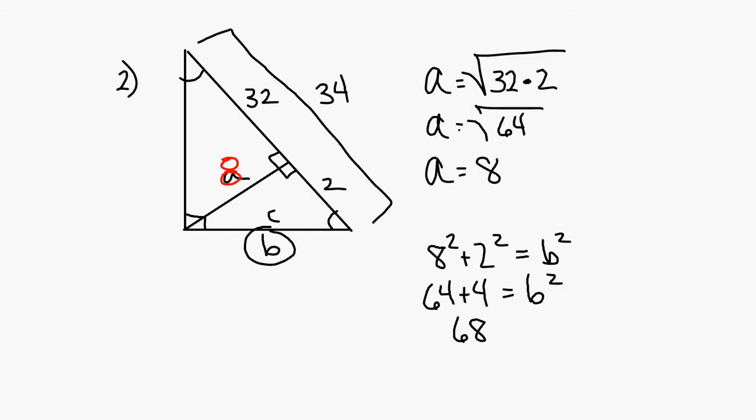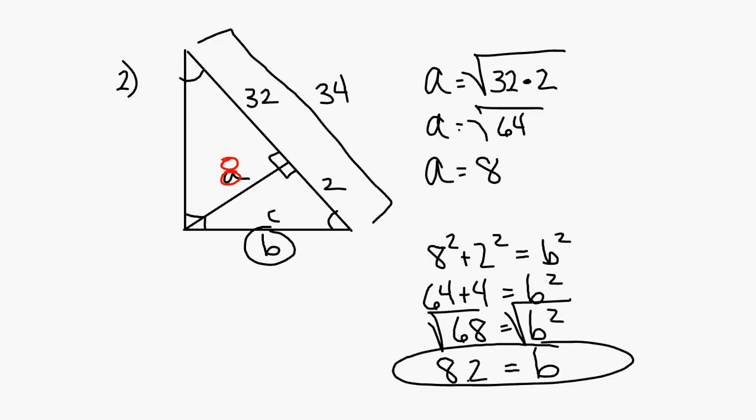So if you square root both sides, then the square root of 68 is equal to b. And the calculators that I have that do square roots have all been stolen. So 8.2. All right. So there's your value of b for this problem, 8.2. And here's your value of a for that problem.